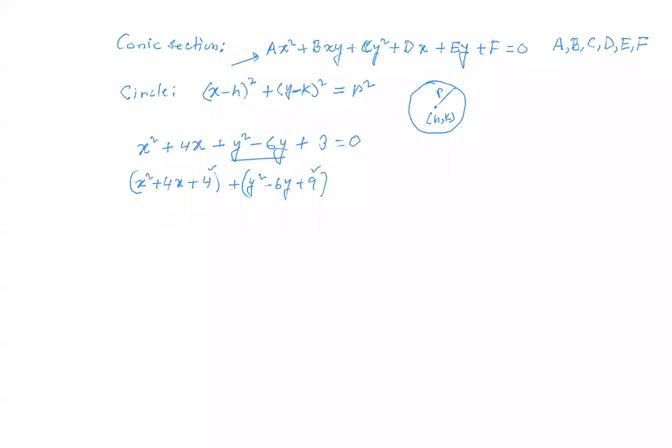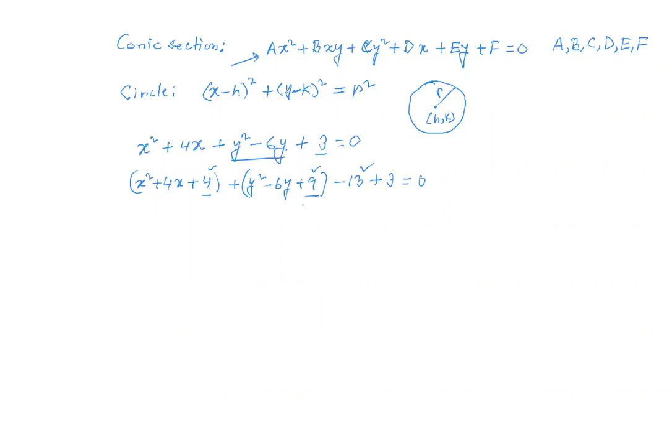So 4 plus 9 is 13. So I subtract 13. And then I have this plus 3 is equal to 0. It's still the same thing, right? I added 4, added 9, 4 plus 9 is 13, then I subtracted 13. So the net effect is adding 0, right? So that doesn't matter. Plus 3.